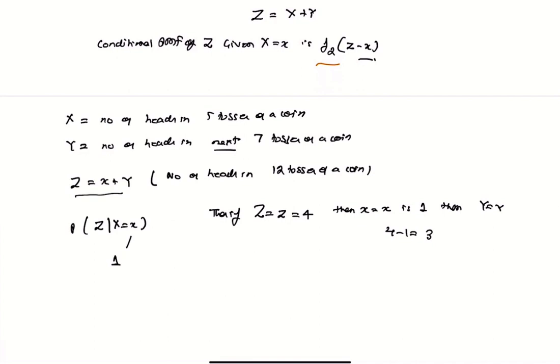So if we think that X is 1, then for Z to be 4 and X is 1, Y is equal to little y, because Z is X plus Y. For Z to be 4, Y has to be 4 minus 1, which is equal to 3, which is the conditional PMF of Z given X is equal to x becomes f2 of z minus x.